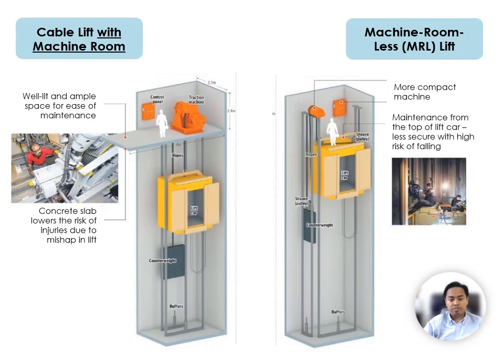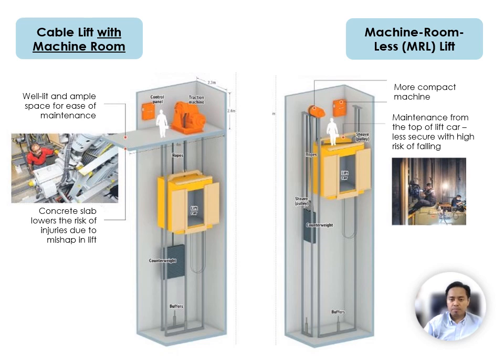Within the cable lift type, there are two types of motor. The first one, on the left, is cable lift with machine room, meaning the motor will be installed on top of the lift shaft structure, detached from the lift car.